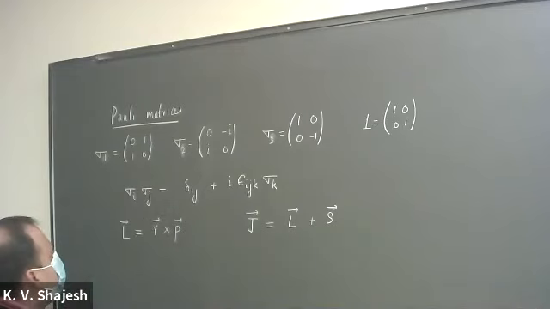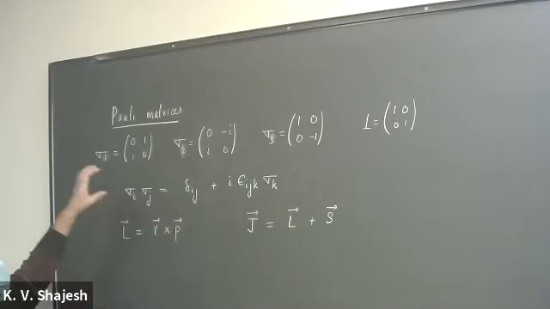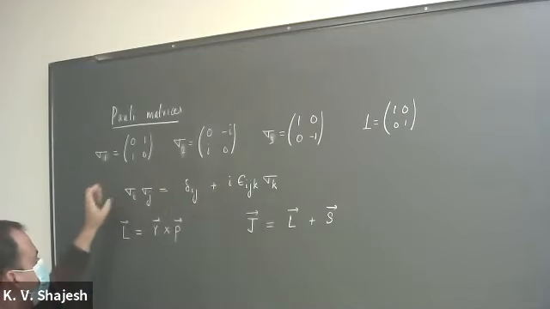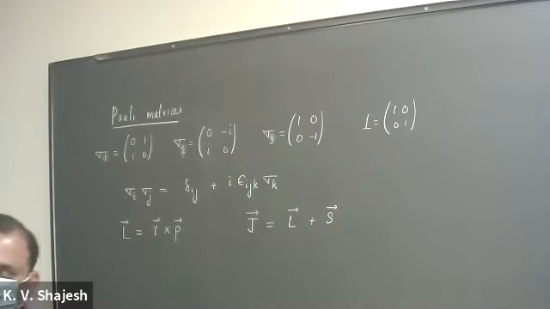What I was trying to say is that the three components of the angular momentum satisfy exactly the same algebra. So this is often called an algebra. Like multiply one physical quantity by another, you get a third one. So those are called algebra of operators or physical quantities.